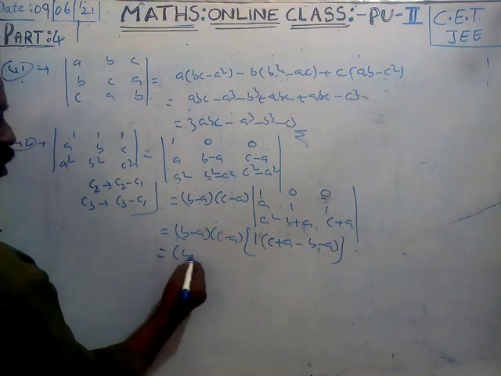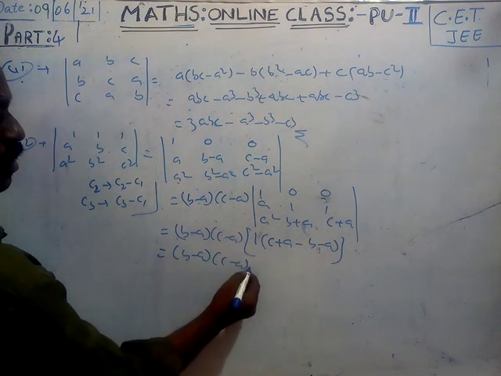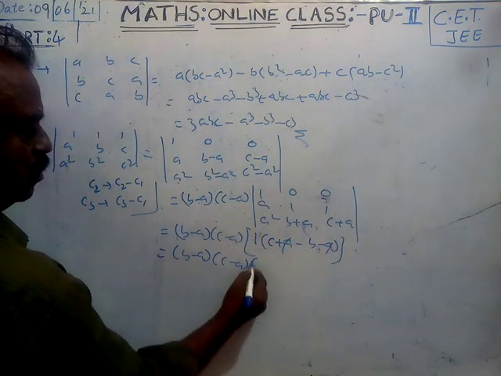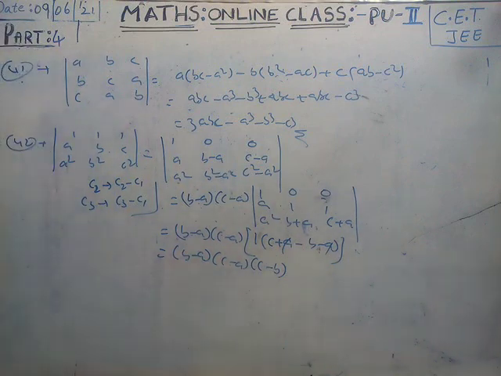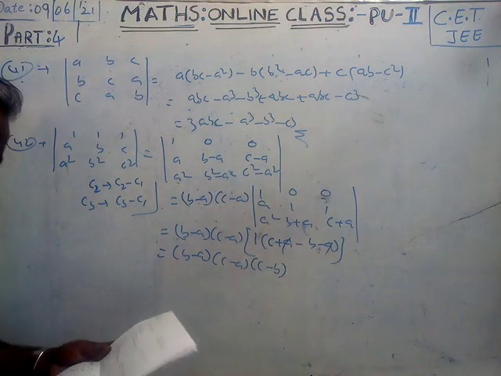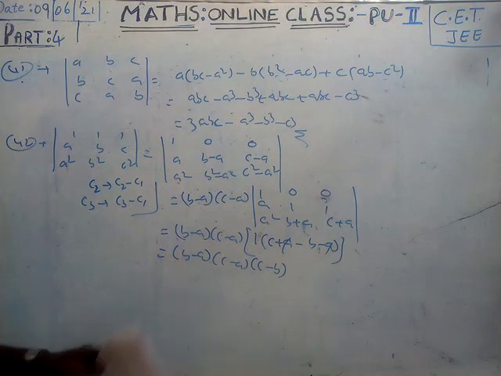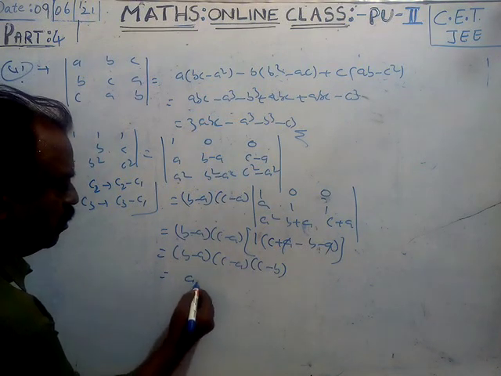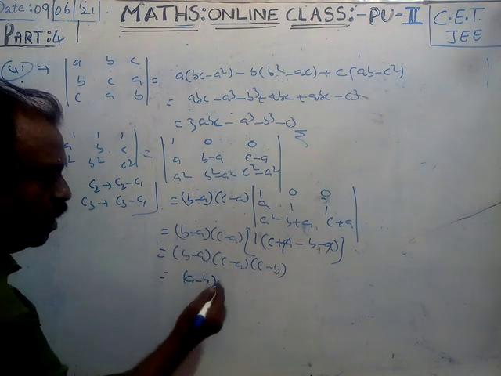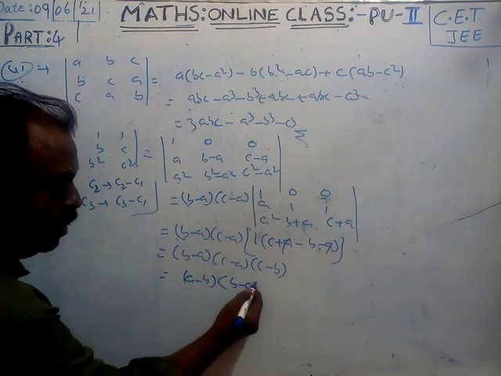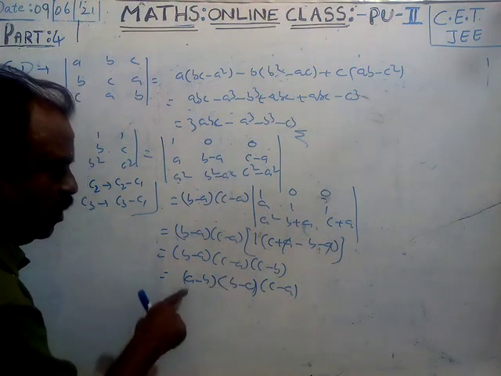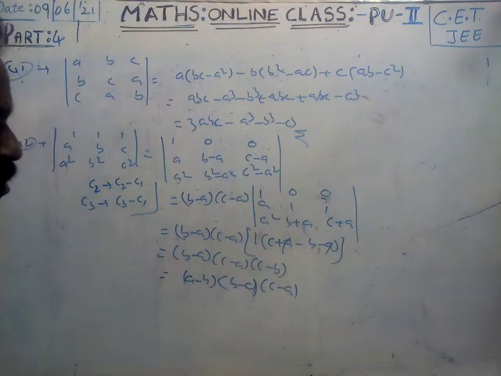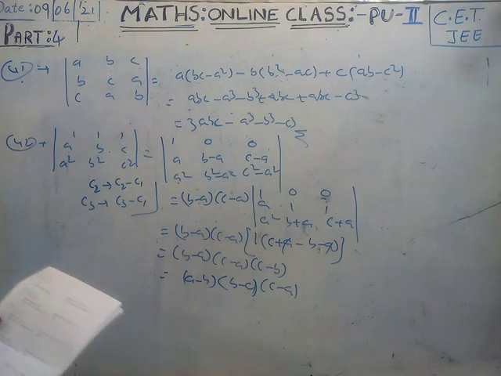So it is (B minus A)(C minus A), and here A cancels, we get (C minus B). It may be in some other order, it is A minus B, B minus C, C minus A. Another minus, a minus into minus is plus. It is in order: A, B, B, C, C, A. Okay? Like that.